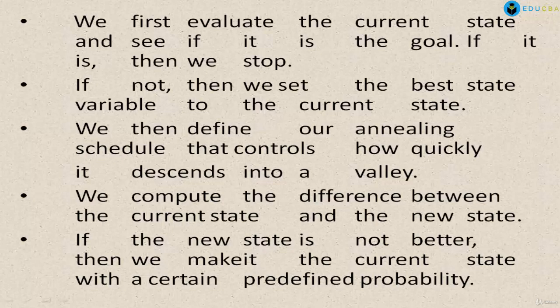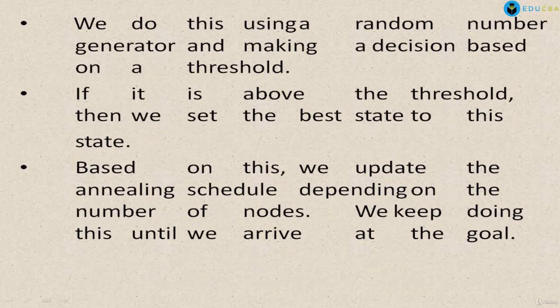We compute the difference between the current state and the new state, and if the new state is not better, then we make it the current state with a certain predefined probability. We do this using a random number generator and making a decision based on a threshold.